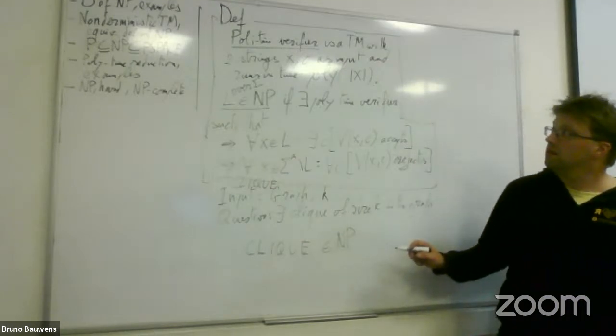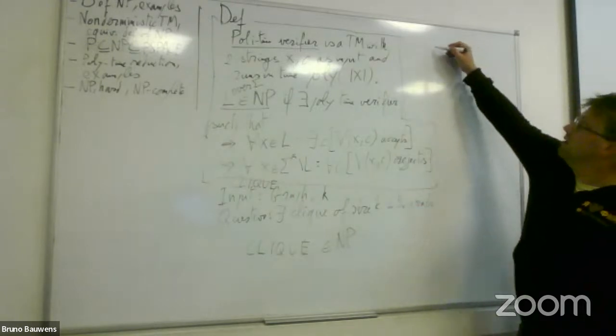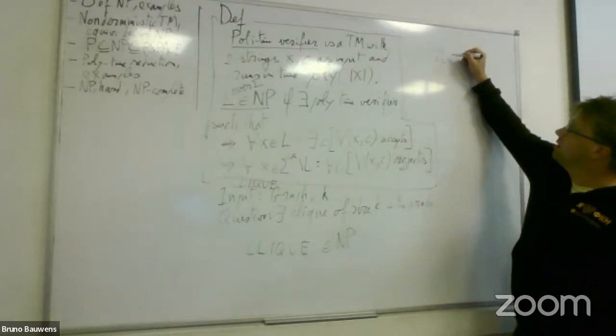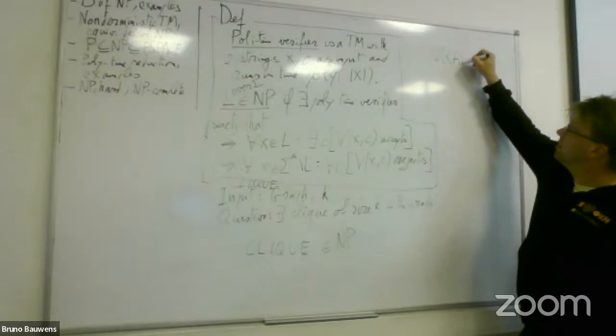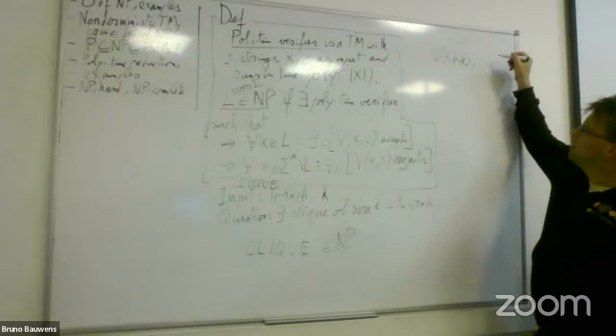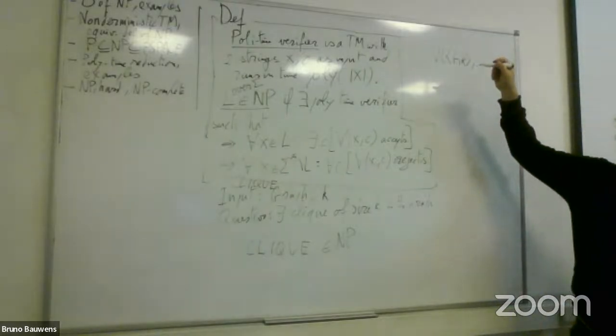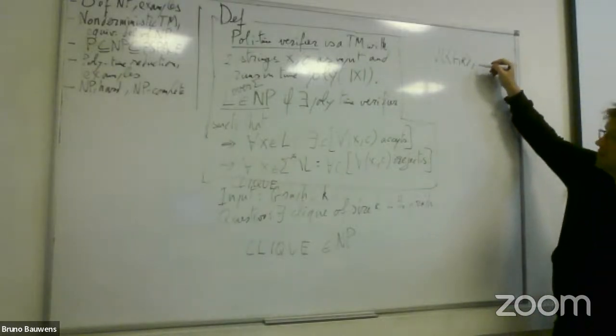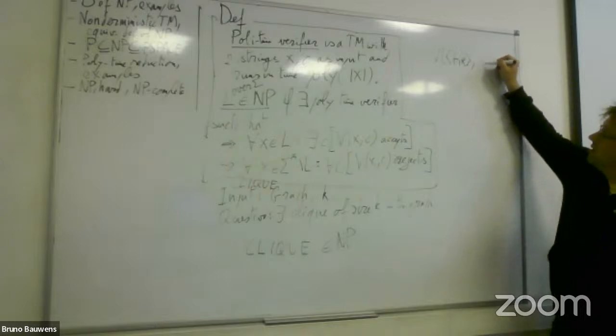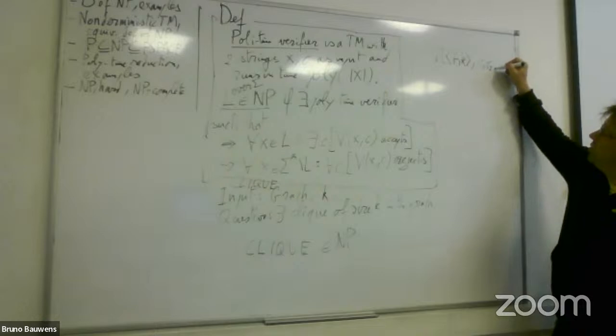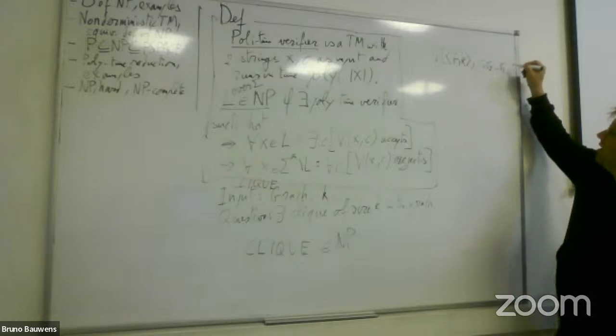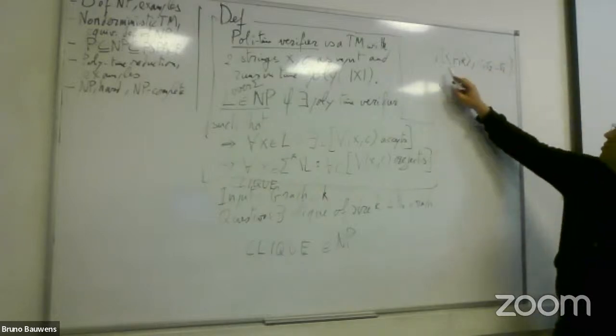The input of the verifier is the graph and k, and the certificate, the nodes of the clique: v1, v2, and so on. And then what will V do?